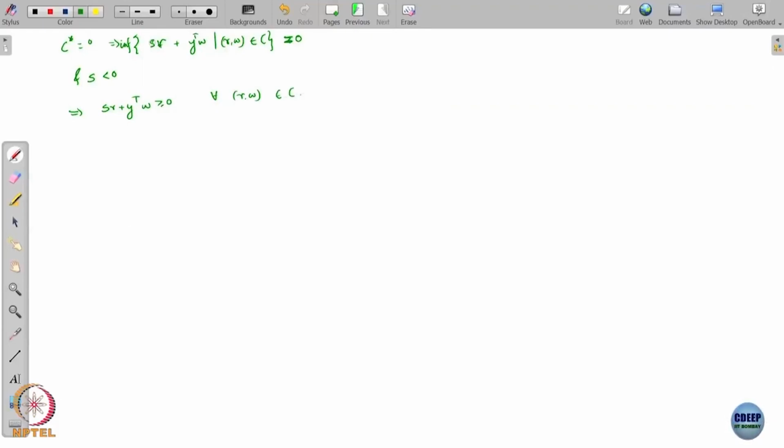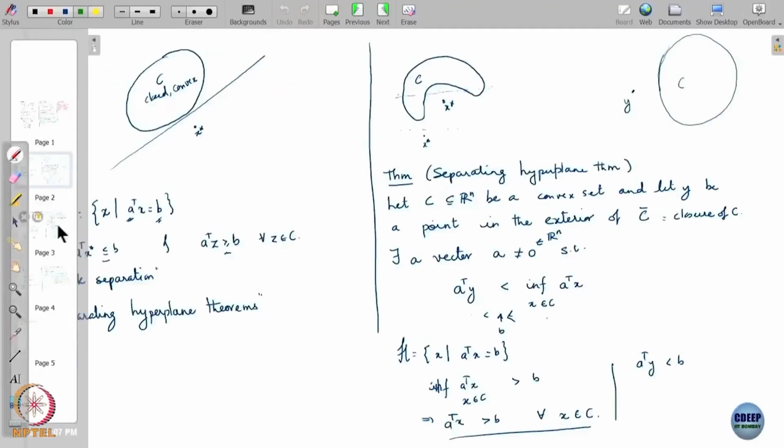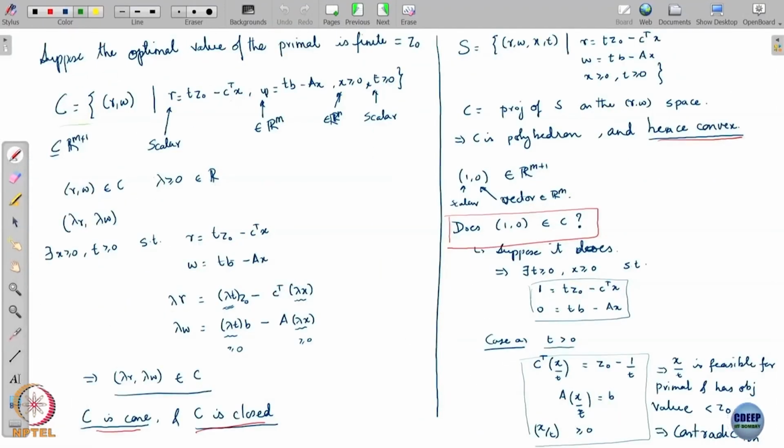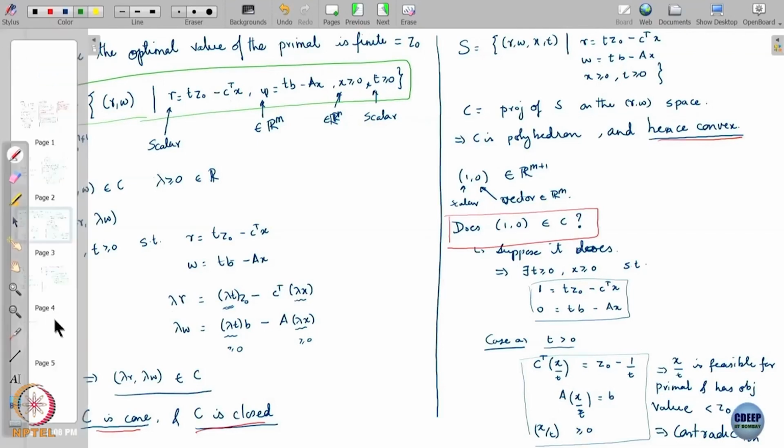Now, if r comma w belongs to C, then go back to the definition of the set C. This is how we define the set C. R is t z 0 minus C transpose x, and w is t b minus A x for some x greater than equal to 0 and t greater than equal to 0. So, let me substitute that.